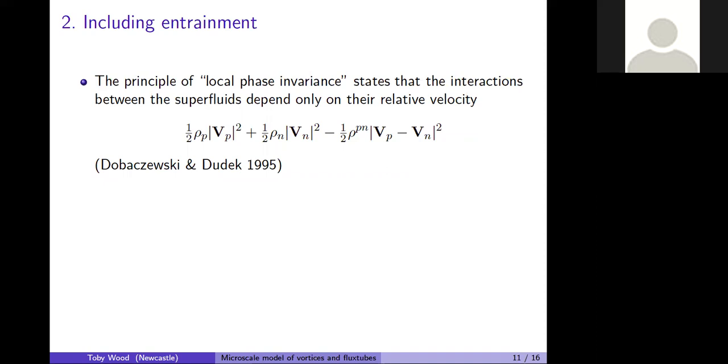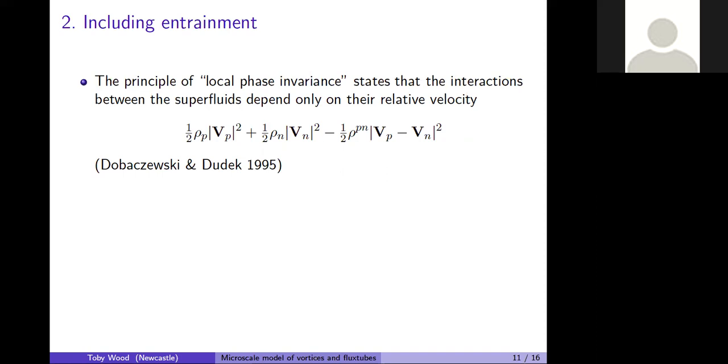I made a perhaps slightly controversial statement, but I don't like the way the entrainment is included in most of the existing models. So I just want to justify that a little bit. People get upset when I use the phrase Galilean invariance because they tend to tell me, yeah, but my model is Lorentz invariant, so I don't care. So I'm going to use the phrase local phase invariance, which actually is more general anyway.